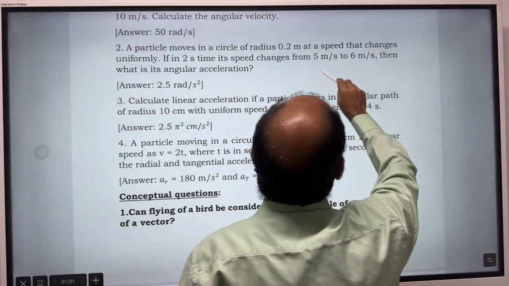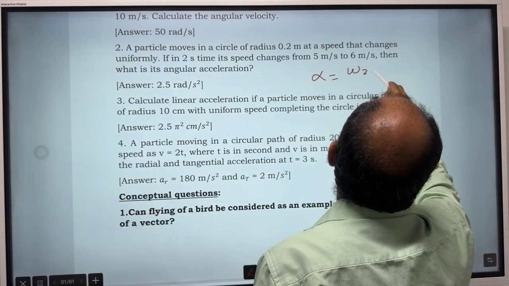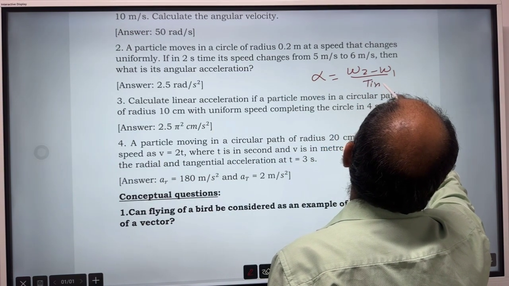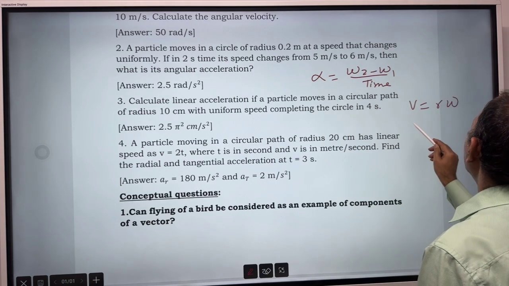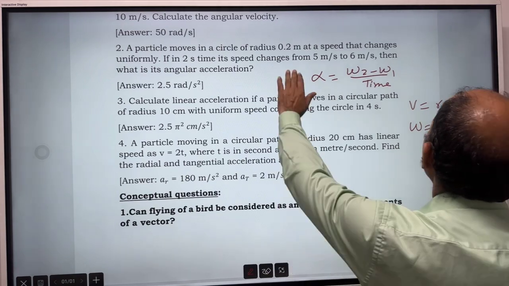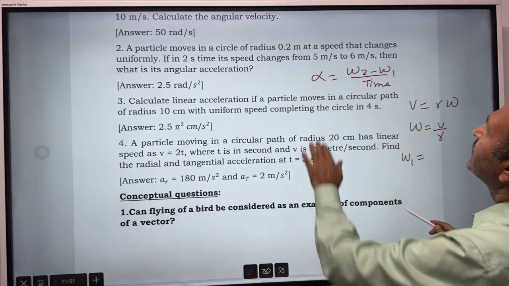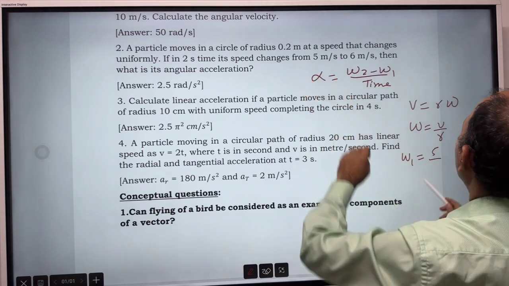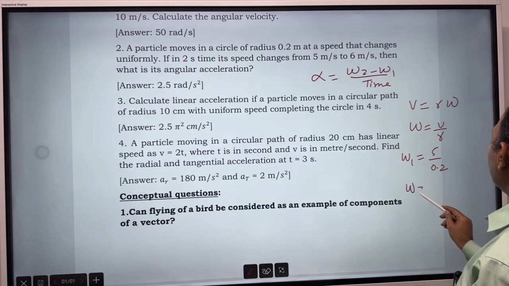So here, what is our purpose? We have to find alpha, which is omega 2 minus omega 1 divided by time taken, and V equal to R omega. So omega equal to V upon R. In first case, omega 1 velocity is 5 divided by radius 0.2, and then we need omega 2.